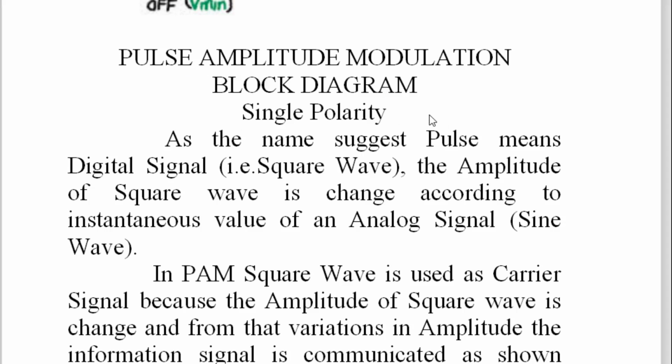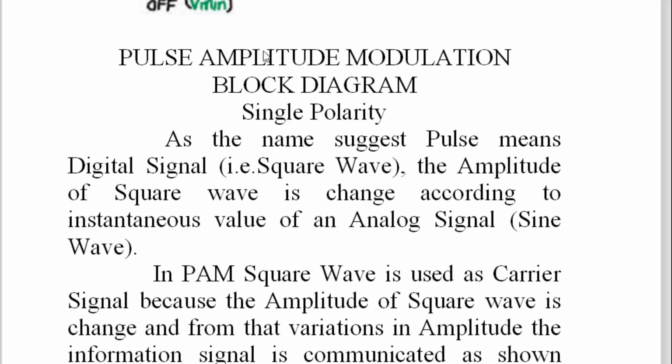The amplitude of the pulse, that is the square wave, changes according to the instantaneous value of an information signal. From the changing amplitude of the carrier wave, which is nothing but the pulse, we can understand the nature of the information signal or plot it.